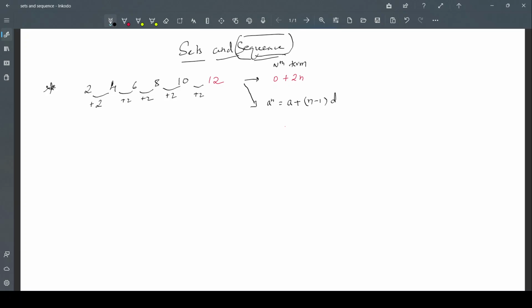This is the formula you have to remember. Nth term formula, an equals a plus n minus 1 into d, where a equals the first term, and d equals the difference.